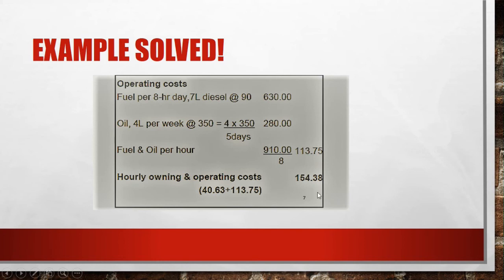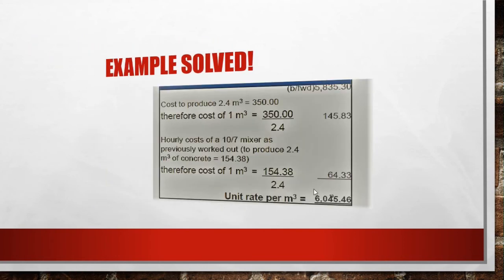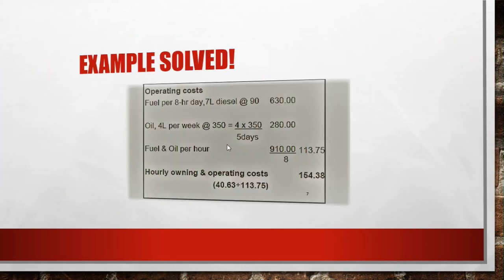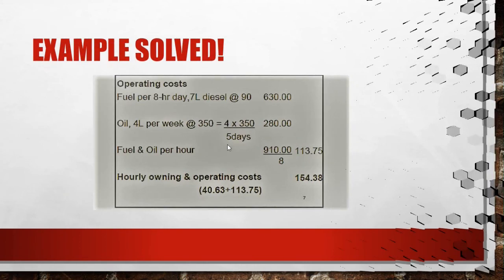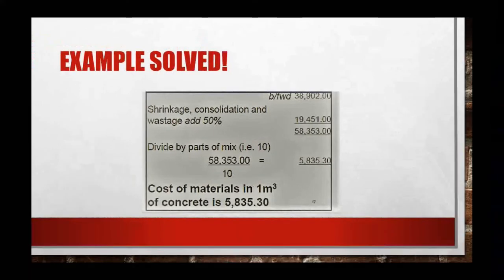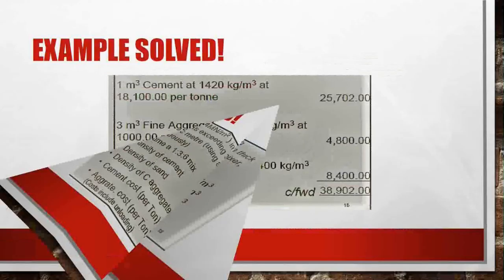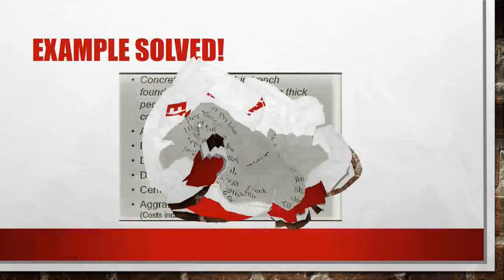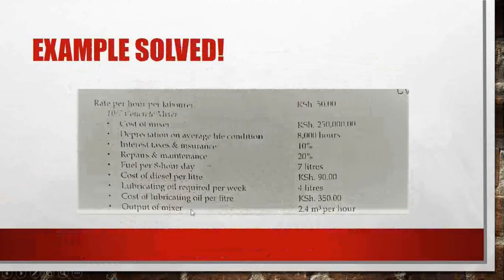Because the concrete mixer we were given initially is working at this rate. Here, output of the mixer is 2.4 meter cube per hour. So this is the output.